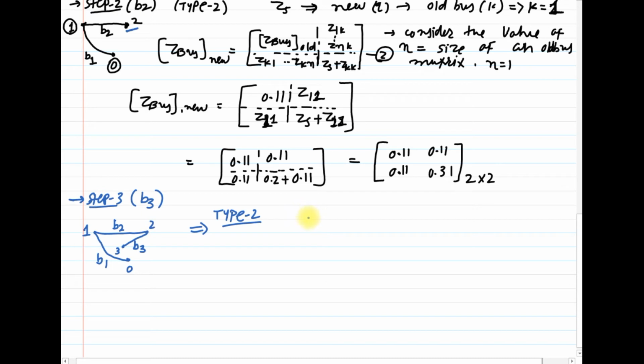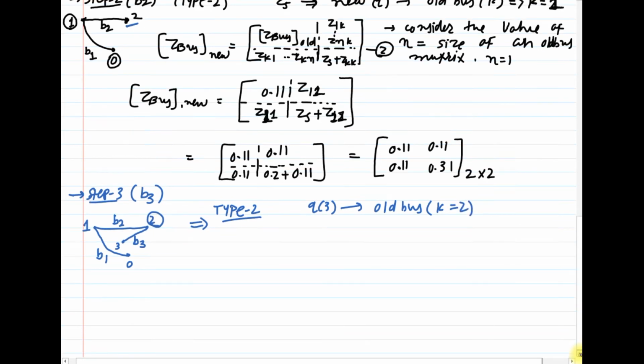So I can simply write over here: new bus Q, bracket 3, is added on old bus number K, which is equal to 2.